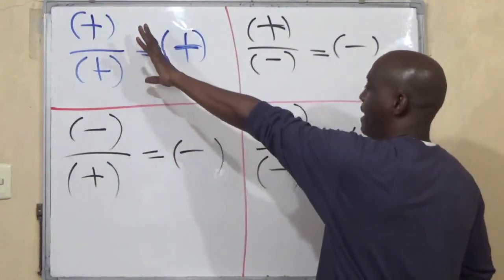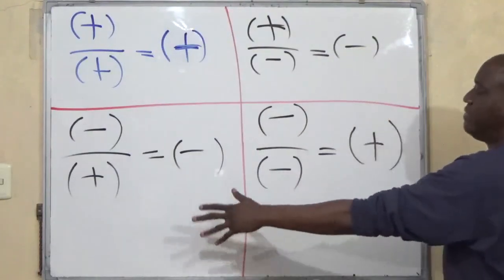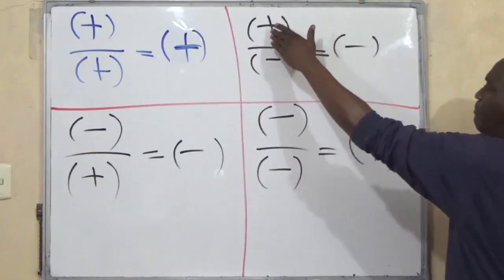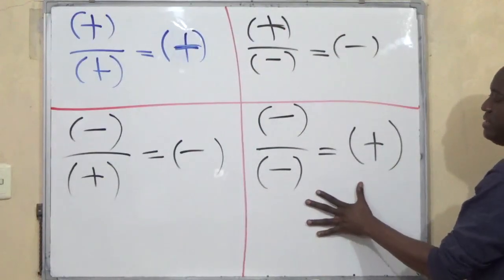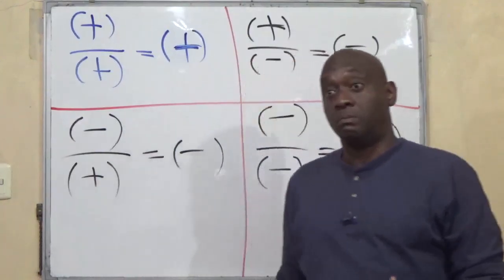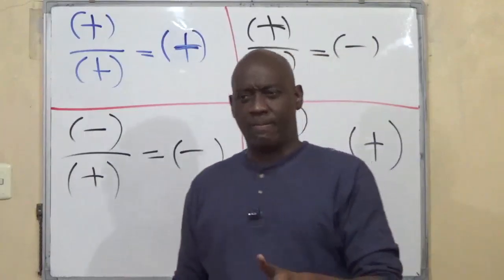Everything positive. We have an exercise for this. Negative divided by positive is negative. We have an exercise for this. Positive divided by negative is negative. And we have an exercise for this. Negative divided by negative is positive. You have an exercise for each scenario.